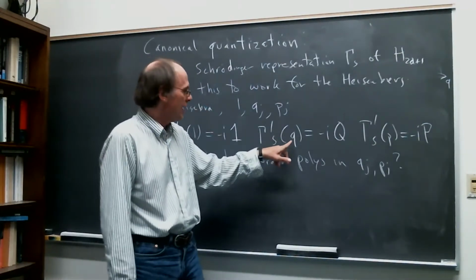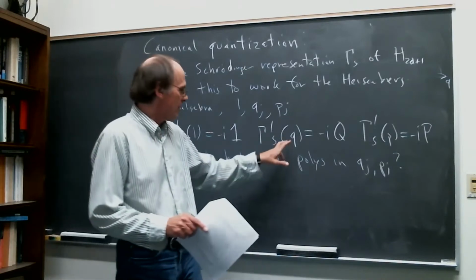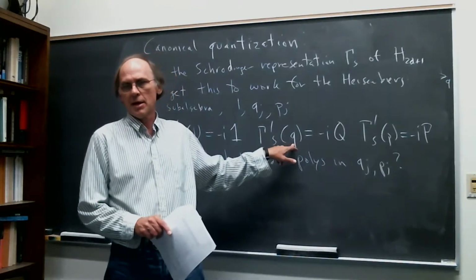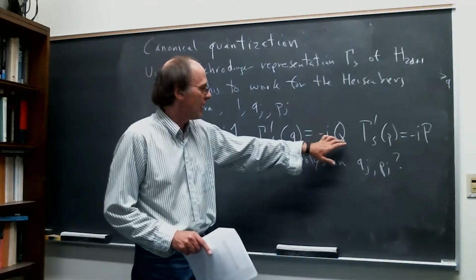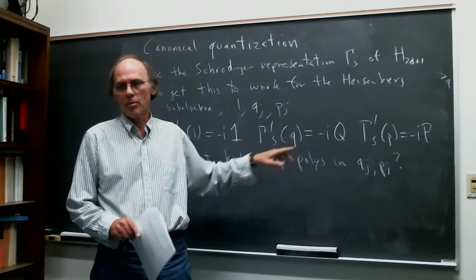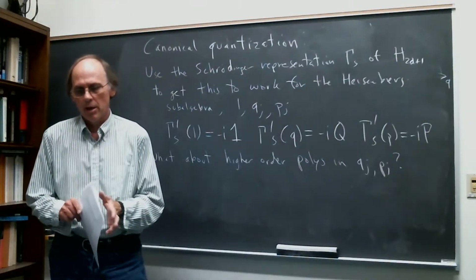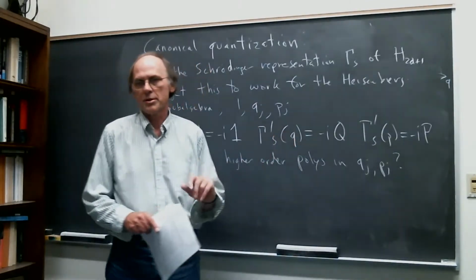If somebody gives you a polynomial with some number of Q's and some number of P's in one term, and you try to make an operator out of it, it's going to depend upon how you order the Q's and P's.